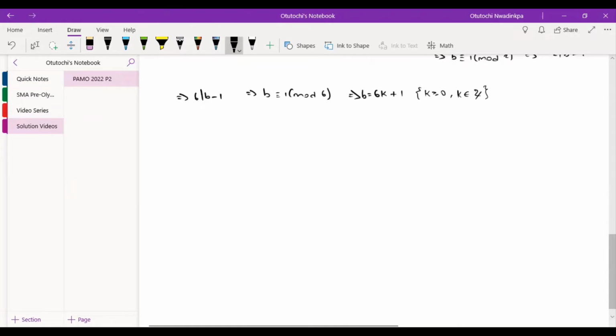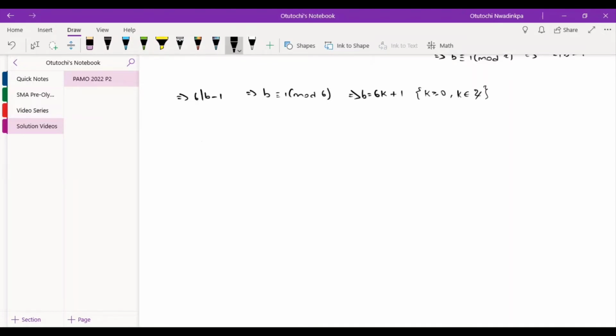We have z squared is equal to c squared plus 3a. Or before this, we might also want to take things step by step.